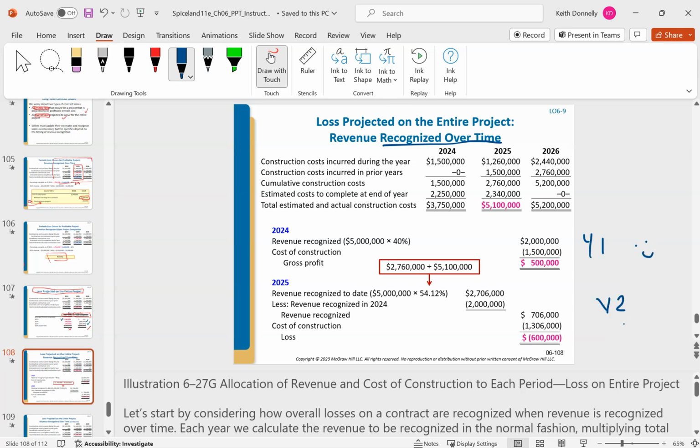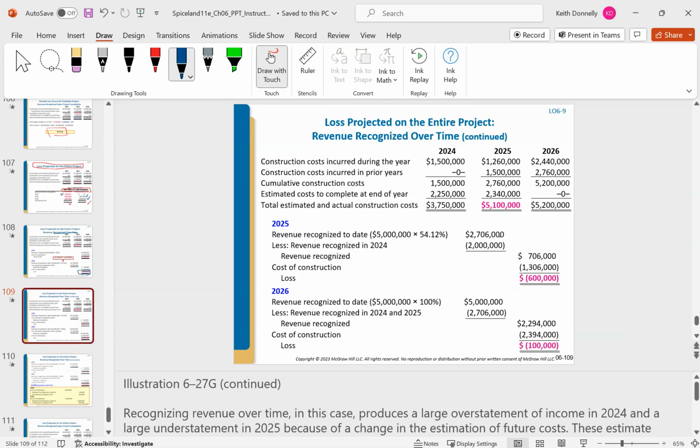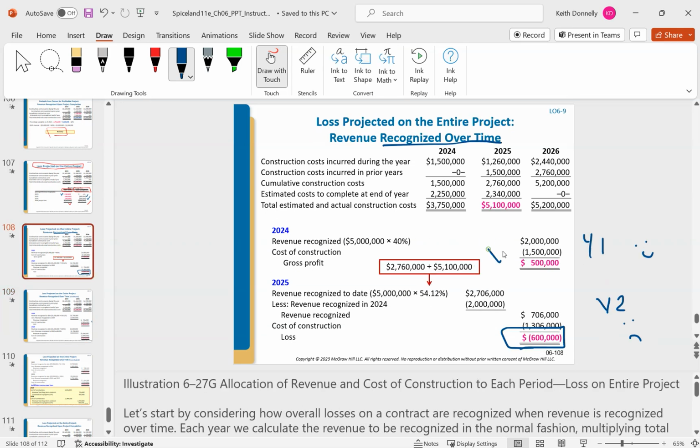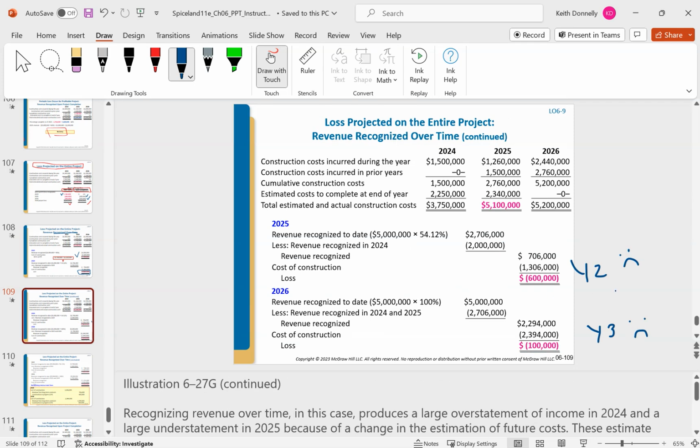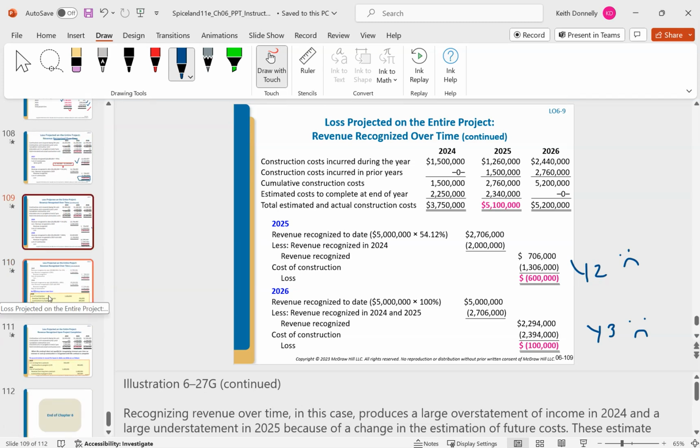Year 2, we're at a loss of 600,000 when we run the numbers on it. And then year 3, we were at a loss as well whenever you run it. When you combine all of those things, the 500 smiley with the negatives here, the frownies, that's going to get you to the overall 200 that you lost. It's just piecemealing it throughout.